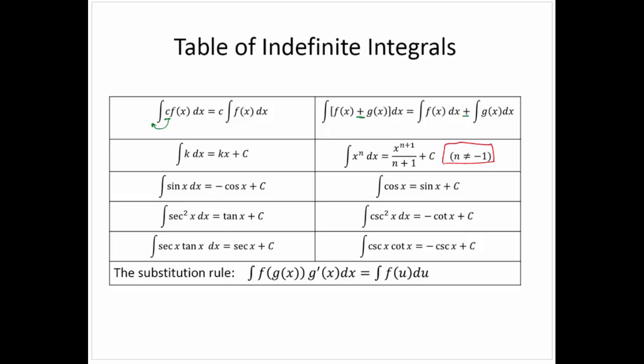And then we have the substitution rule. That says basically if we see something that would be the result of a chain rule, we can use a substitution to make it easier to find the antiderivative.